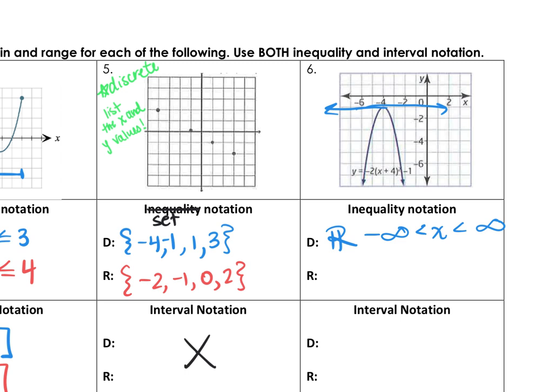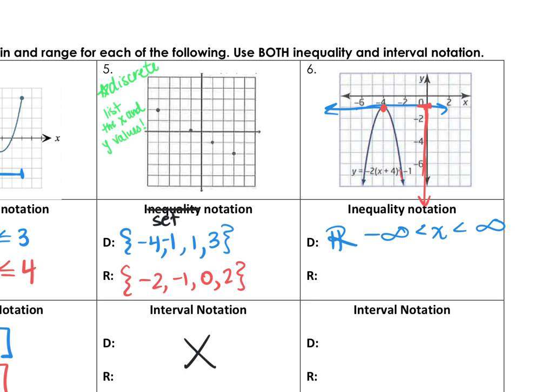All right, now your range is not all real numbers because the minimum value, well, it's going down forever, right? So we have no minimum value, but we do have a highest point. So the highest point of our graph is at that vertex, and that vertex has a y value of -1. So our range is going to be anything -1 or less.